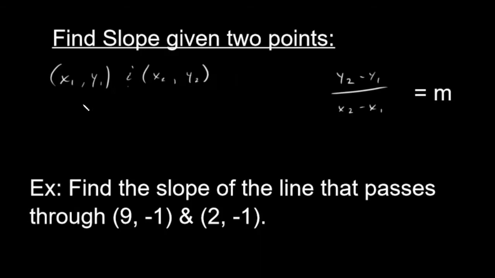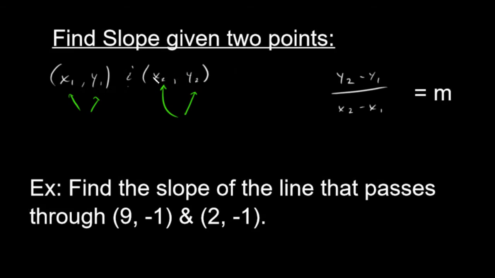Now, to find the slope given 2 points, excuse me for just a second. To find the slope given 2 points, so here's your first ordered pair, and the 1's here indicate that it is the first ordered pair, and the 2's here indicate that this is the second ordered pair. So this is the x coordinate, like this is the x of the first ordered pair, the y of the first ordered pair, the x of the second ordered pair, the y of the second ordered pair.